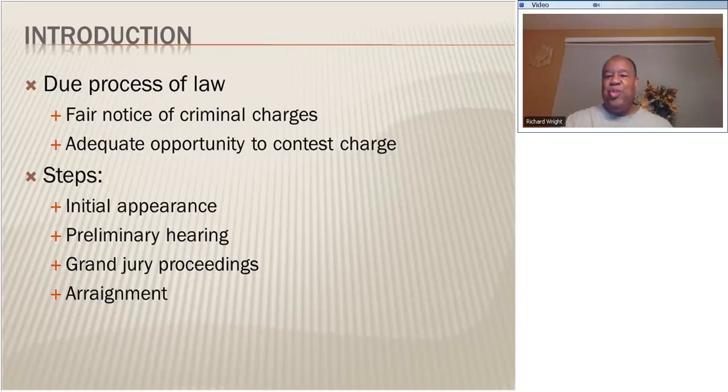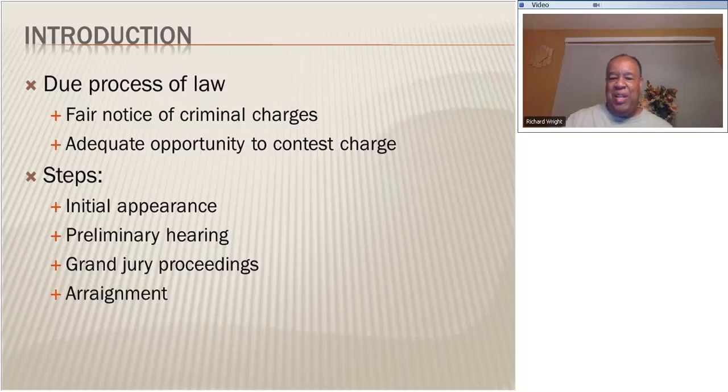So every person is entitled to what we call due process of law. And what that very simply means is that you have an opportunity to have notice and an opportunity to prepare a defense or to respond to the allegations and charges that you have. And that means that you're not just charged and incarcerated.